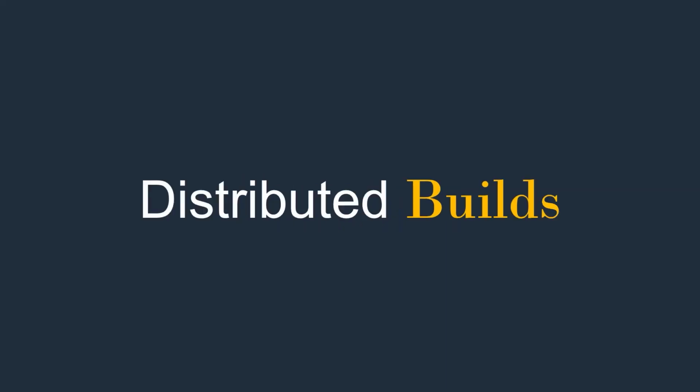Next, distributed builds. Distributed builds are nothing but Jenkins having different kinds of applications to manage. I mean to say your project may need a Java application, .NET application, maybe JavaScript or Python, PHP, different kinds of applications are there. So you would like to build all this by using Jenkins.